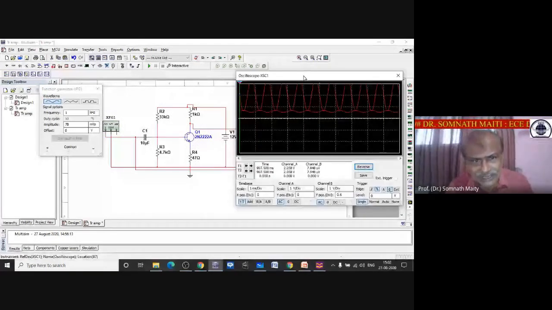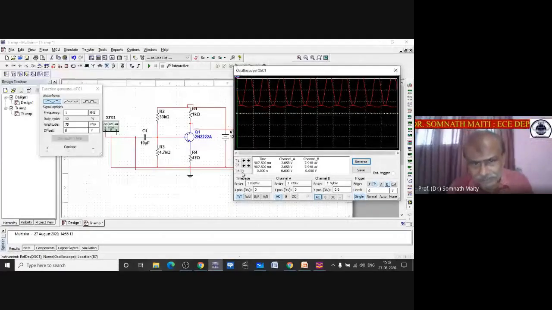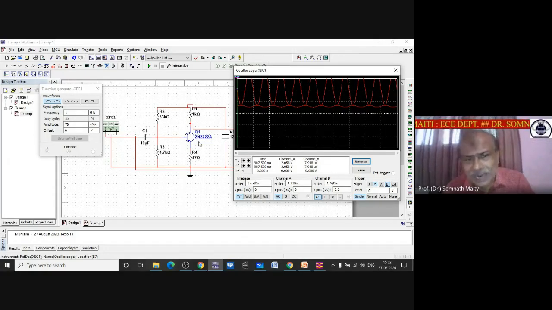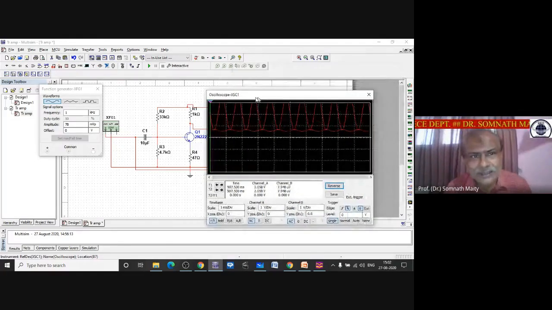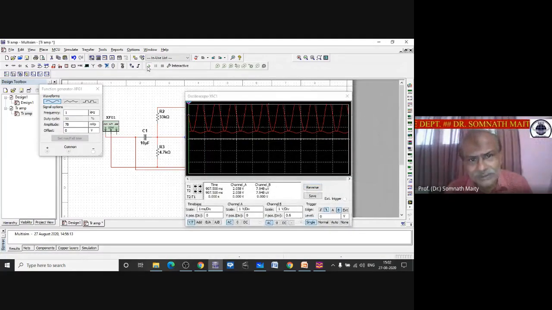Channel B is displaying the input signal to this amplifier, and channel A is displaying the output from this amplifier. Now if you run it, you will see this.